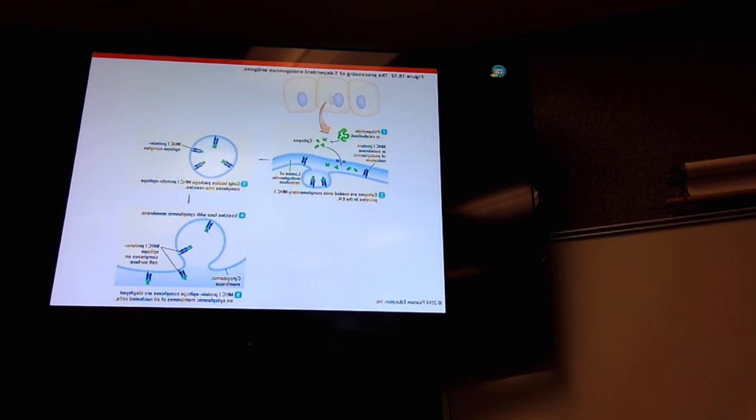What's the main significance between MHC 1 and MHC 2 processing? MHC 1 is endogenous, so the microbe is going to be found where? Inside. You can say intracellularly, which means inside the cell, or the cytoplasm.